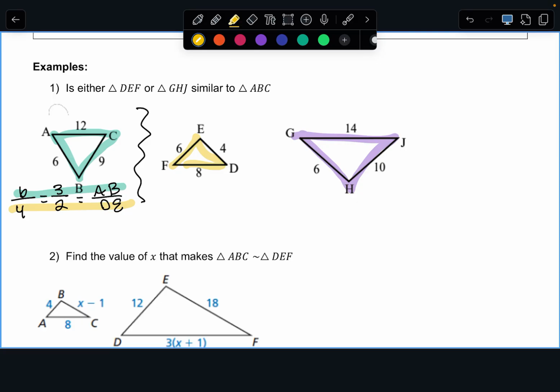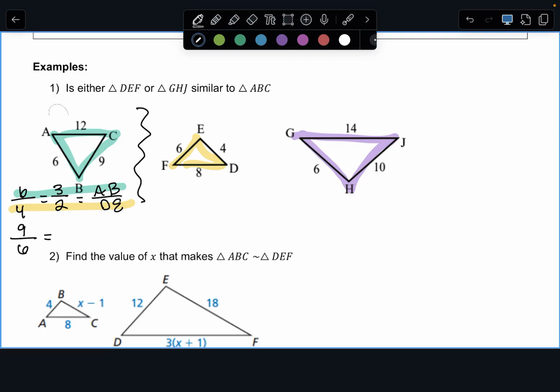I'm going to do that for the other 2 sides of green and yellow, see if it gets us 3/2. So let's go to the medium size side. Let's do a 9. The medium size over here is 9. Over here the medium size is 6.